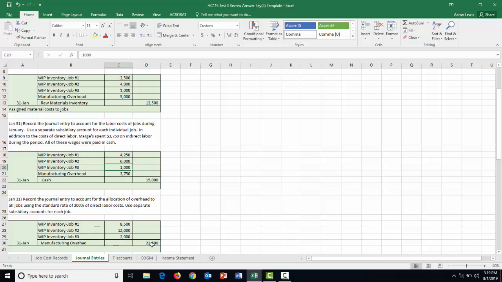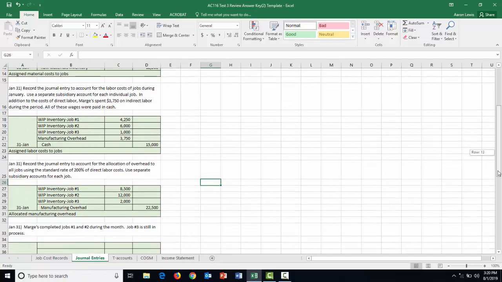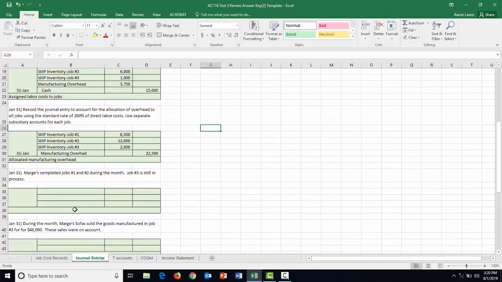If you double that, it ends up being $22,500. So we need to fill in what happened in this entry. We allocated manufacturing overhead, and I forgot to fill in the description for the one above. In the one above, we assigned labor costs to jobs. Our next entry says that Marge's completed jobs number 1 and 2 during the month.